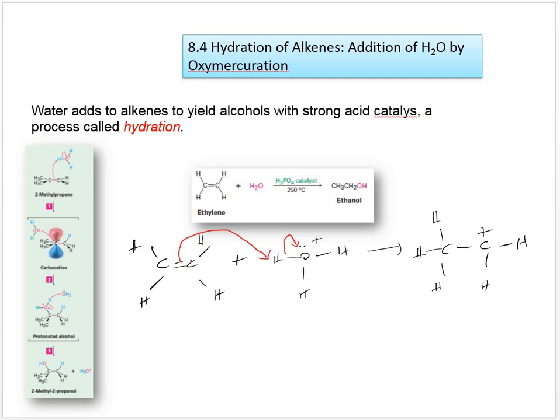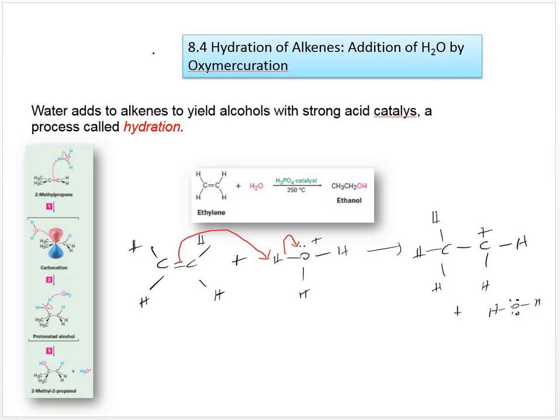Since this alkene is symmetric, you can add the hydrogen on this carbon or on that carbon, it doesn't matter. But as you remember, if the alkene is not symmetric, we have to follow the Markovnikov rule, which I'm going to state a little bit later. Then we generate water, and this is the first step.